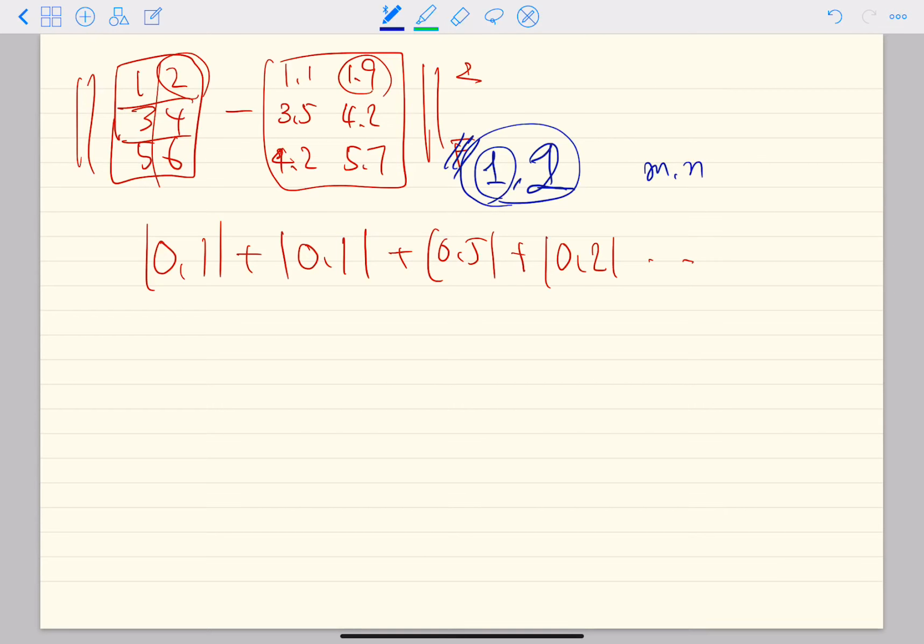for this 1-1 norm or maybe 1-2 norm, I'm confused whether the row comes first or the column comes first, but let's assume the column comes first, and then we basically compute the L1 norm of each column vector.